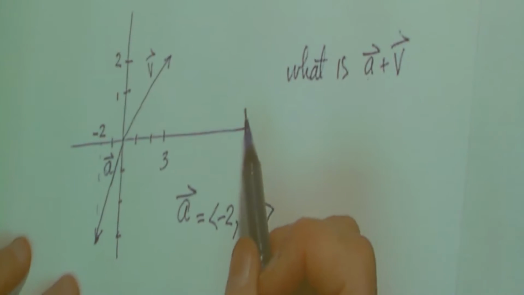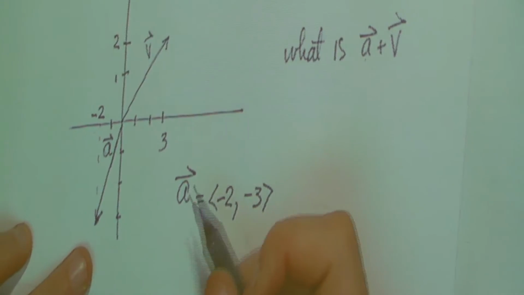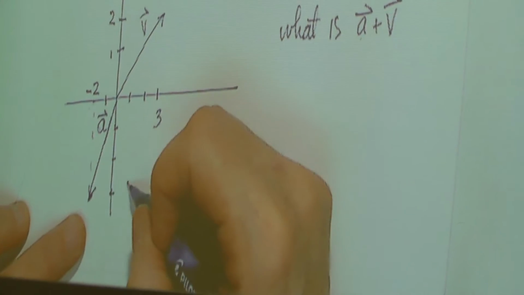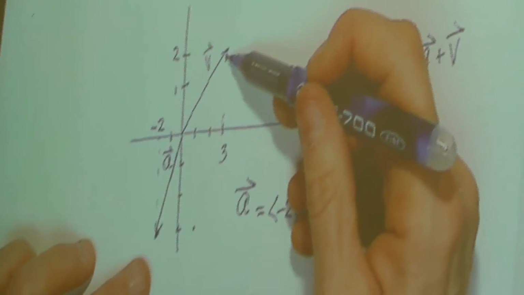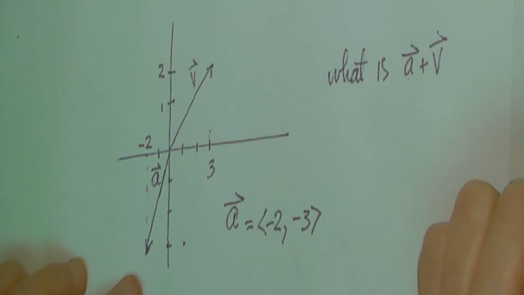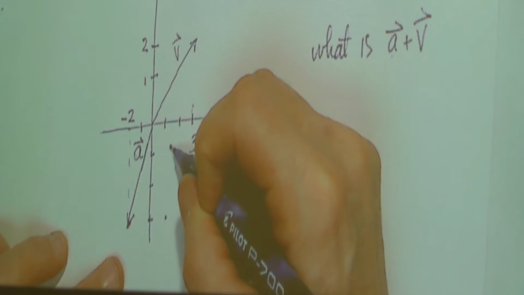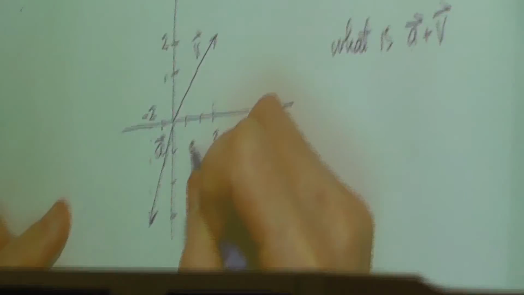In the X direction, I should go 3 units. Okay, so 3 units added onto this -2 puts me over to here. And then in the Y direction, I'm going to go up 2, so I'm going to end up with, oops, somehow I kind of went off.